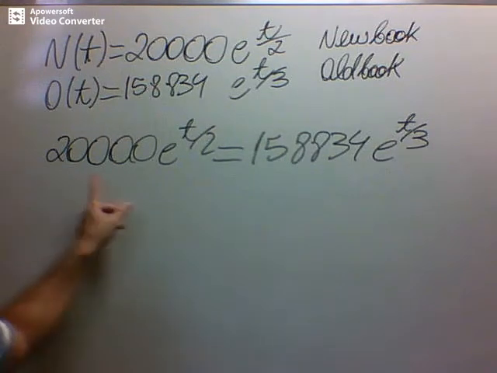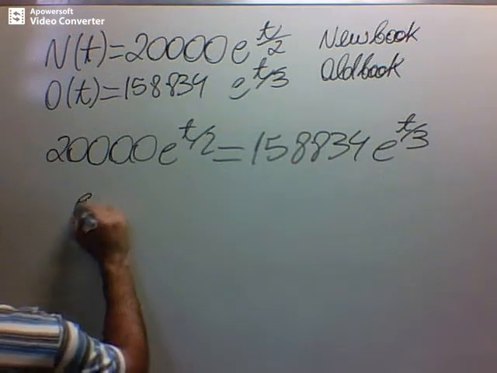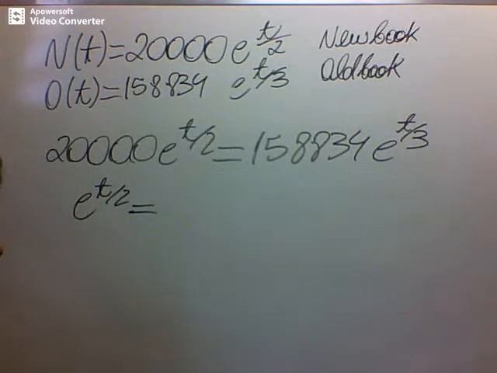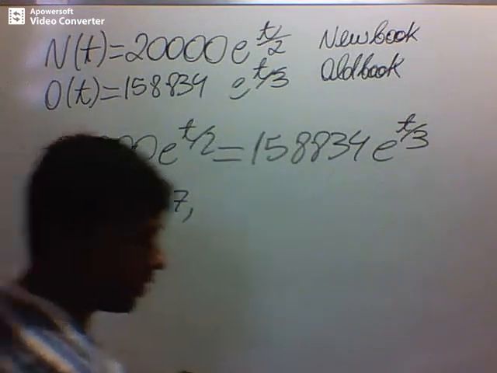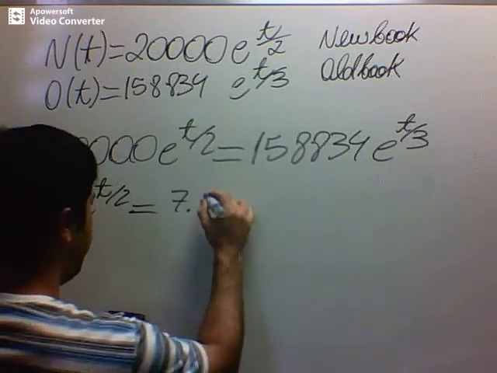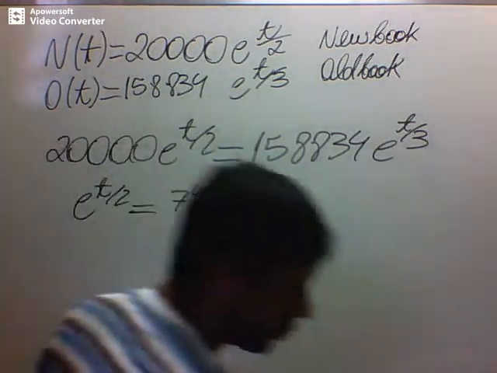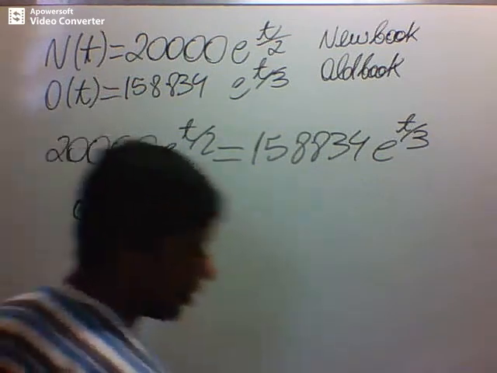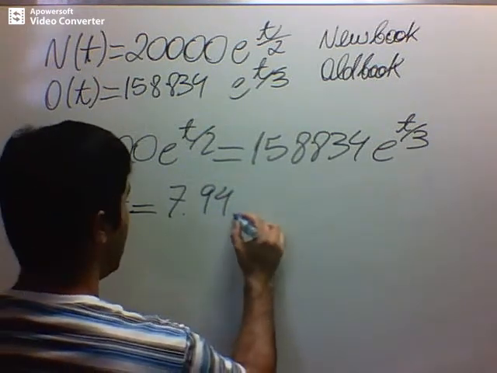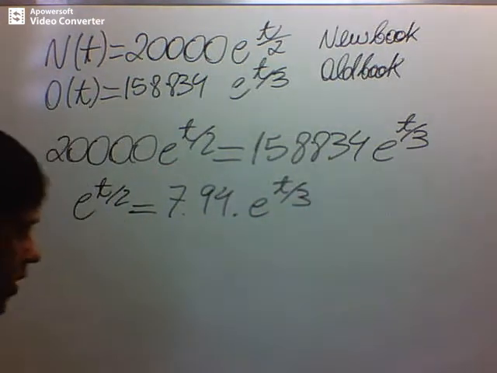Alright, my friends, did you understand that? First of all, what we can do is pass this, dividing this guy here. e to the t divided by 2 is going to be equal to, I'm going to have to use my calculator, 158,834 divided by 20,000, which is 7.94. I'm going to use point; in Brazil we use commas, but I'm going to use point. 7.94 times e to the t divided by 3.